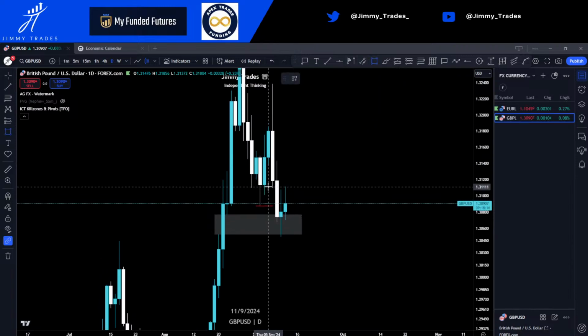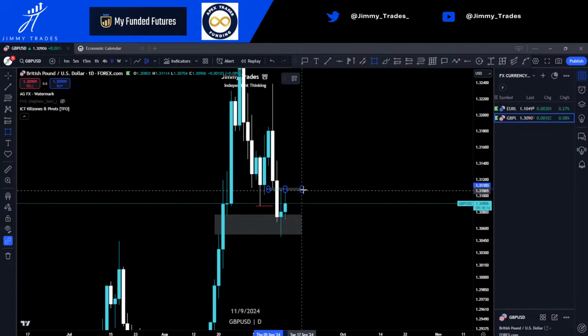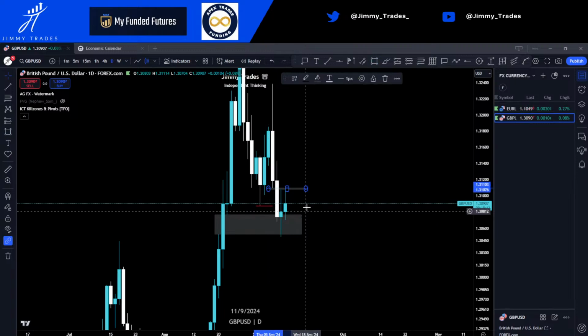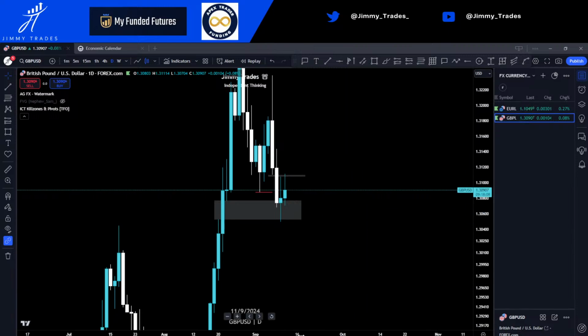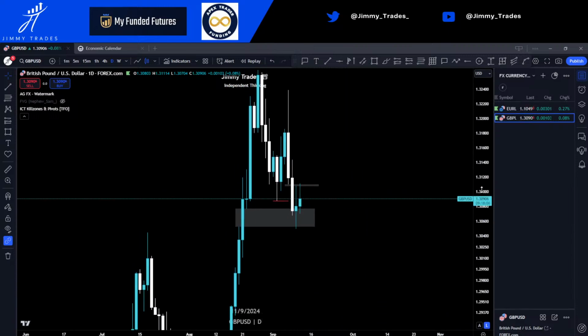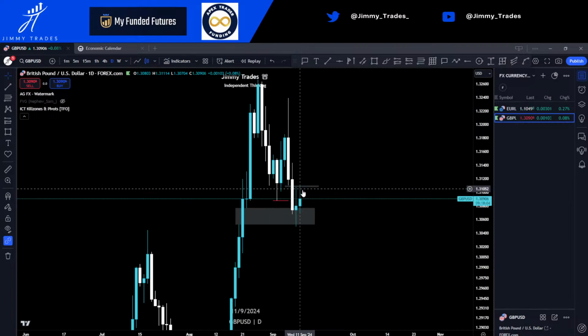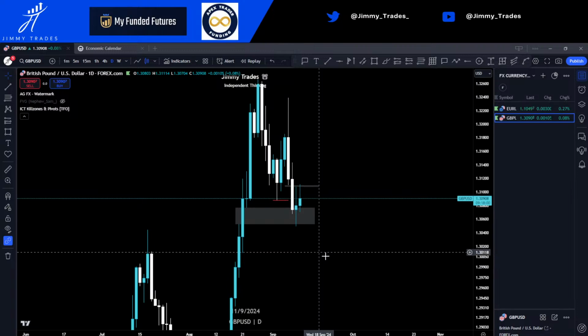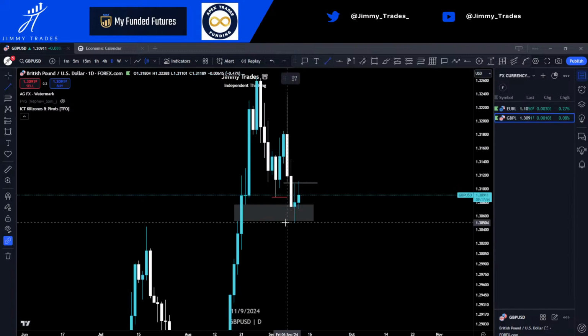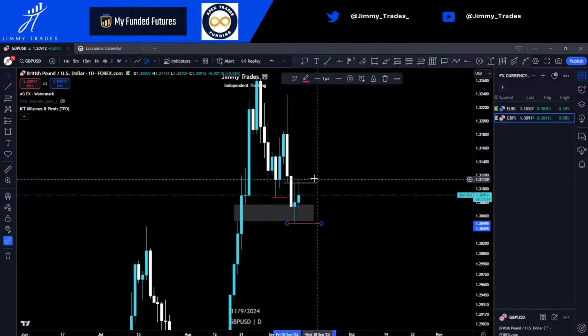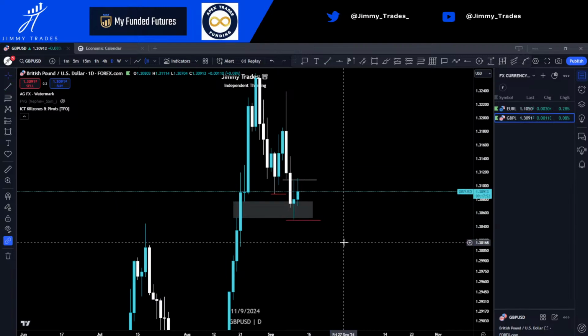We also see that there's a tiny little FVG in here that price has reacted to. So price is reacting to this bearish FVG. So I would be looking to reach to this external here.